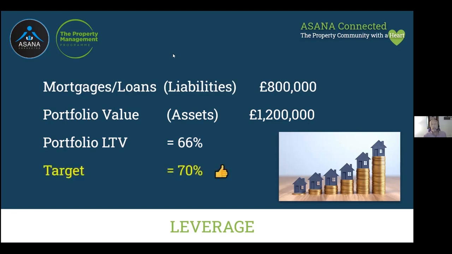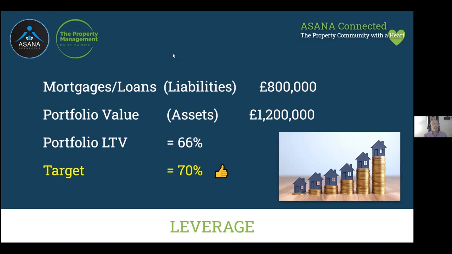If my target KPI is 70%, then obviously a portfolio loan to value of 66% suggests there is a potential opportunity to increase the leverage on that portfolio. On the other hand, I might set my target at 65% in order to try to get better rates on those mortgages or on that financing.